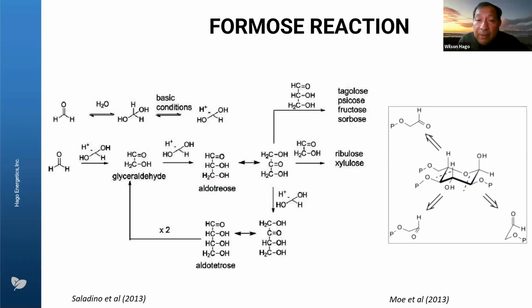So once you have the formaldehyde, then you go on to the FORMOSE reaction. As I mentioned, this reaction is a 100 years old reaction, and the basics of it is that under basic conditions, formaldehyde, the nucleophile attacks the carbon in the formaldehyde.